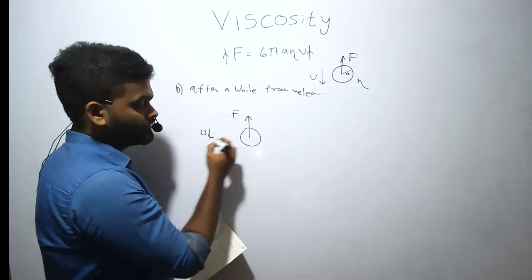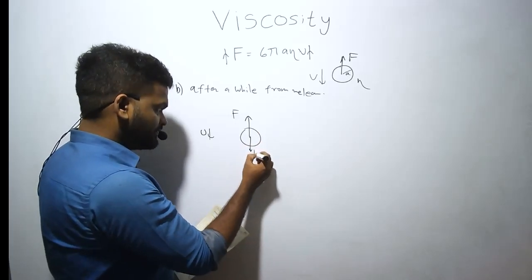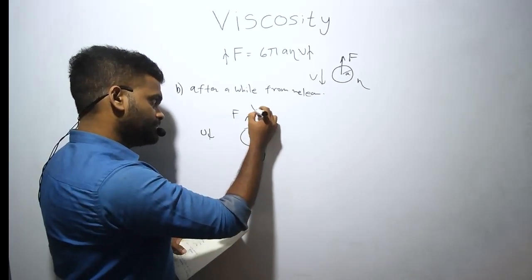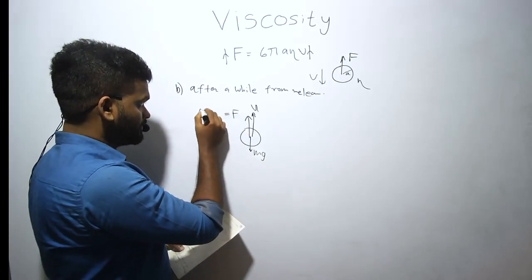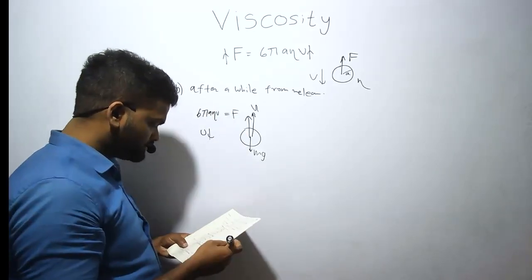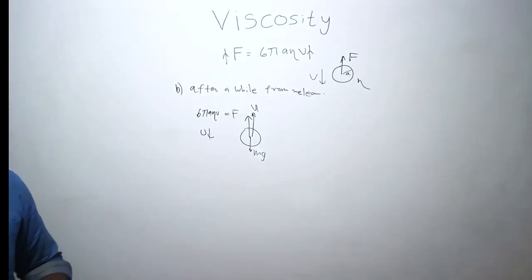This is simple V. Let's say it gained a velocity v. mg downwards, upthrust. Just draw this.